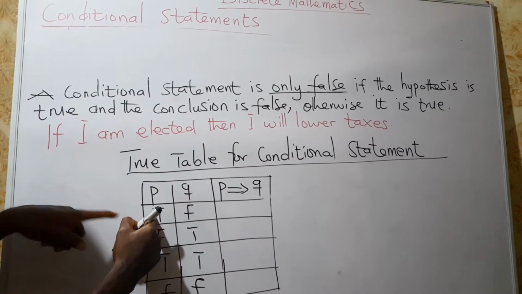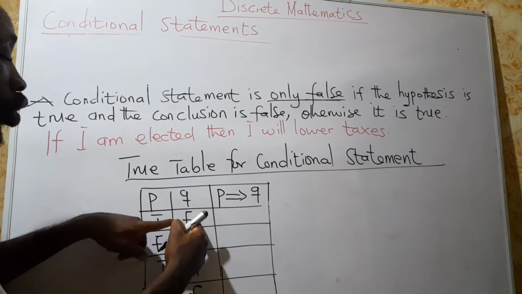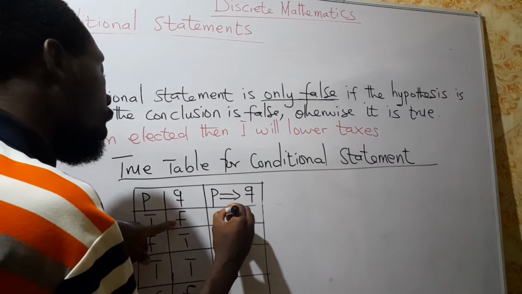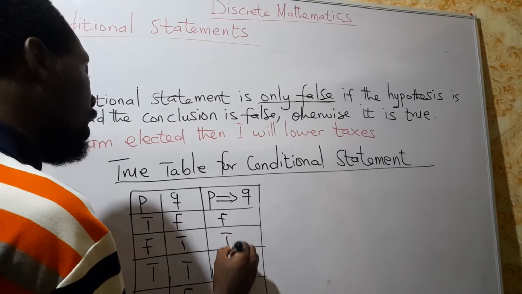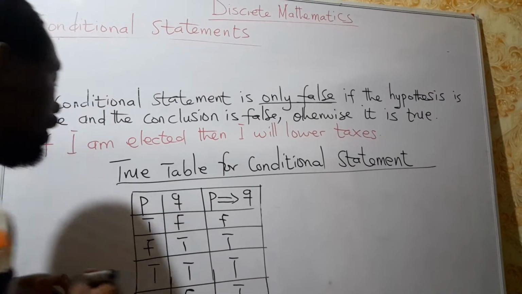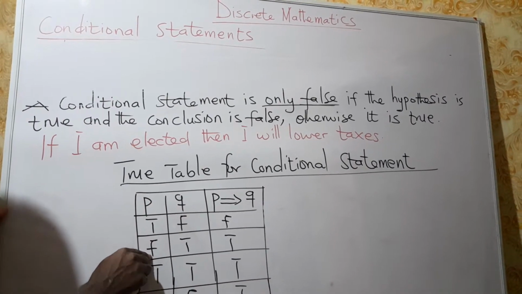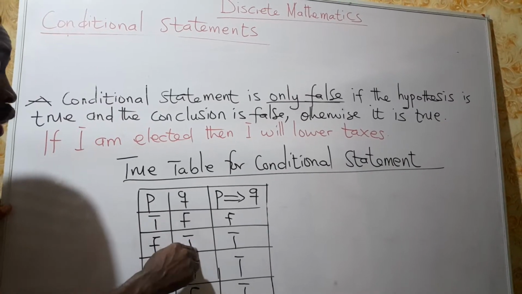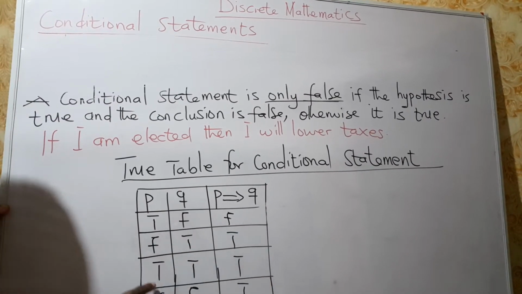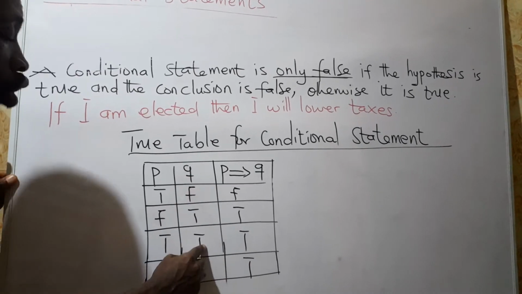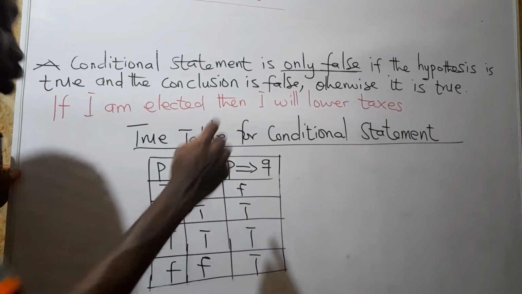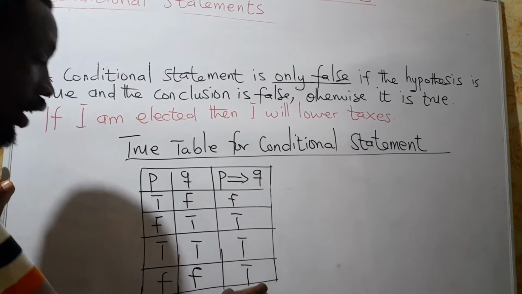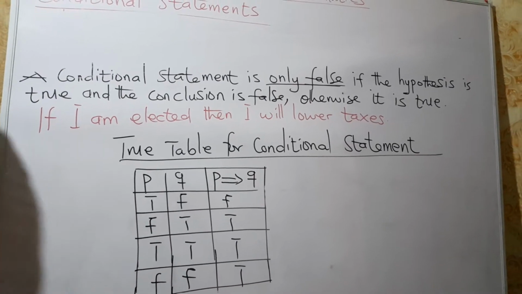When the hypothesis is true and the conclusion is false, that is when it is false. But it is true in all other cases. Thus, if the hypothesis is false and the conclusion is true, it will still be true. When the hypothesis is true and the conclusion is true, it is still true. When both are false, it is still true. I hope you get that.